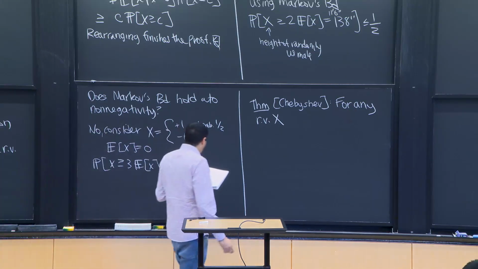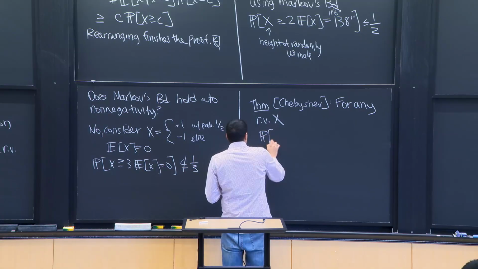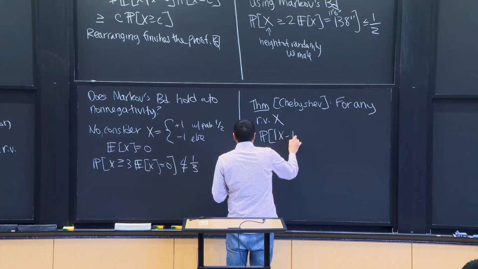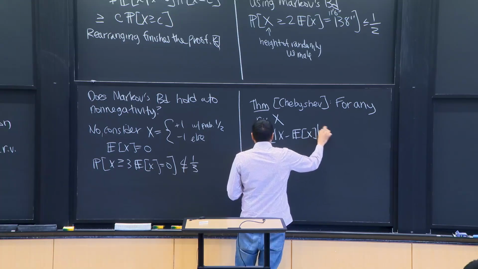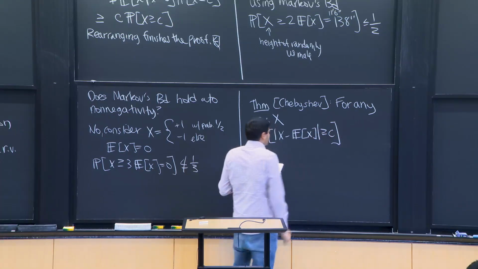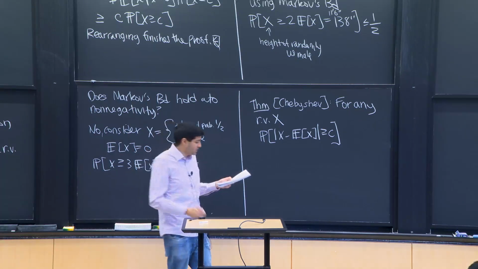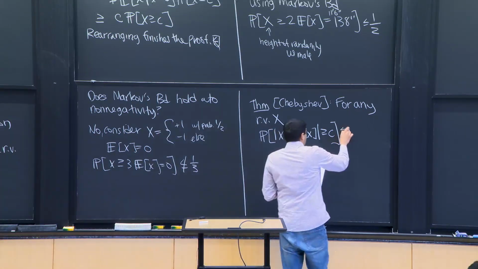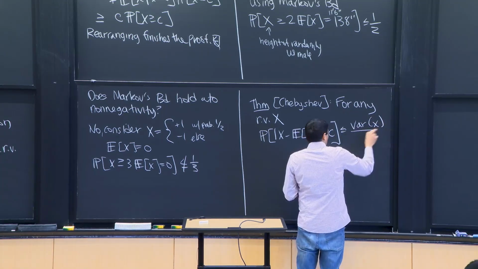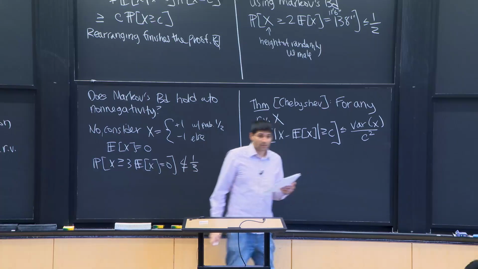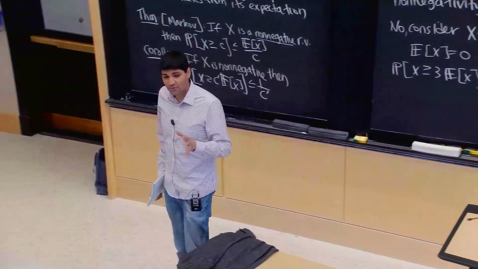So for any random variable x, what I claim is that the probability that the absolute value of x minus the expectation of x is larger than c, so it deviates not by a multiplicative factor of c, but by some additive factor of c from its expectation, is bounded by the variance of x all over c squared. This will be my standard form of Chebyshev's bound.